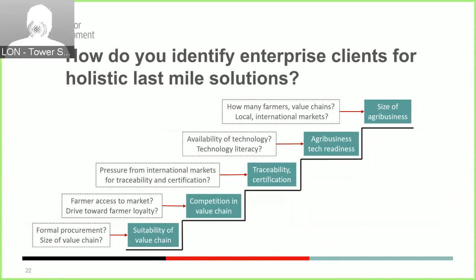As mentioned earlier, the first steps in this process should be around asking questions that help whoever is developing a solution understand the suitability of value chains for digitization.